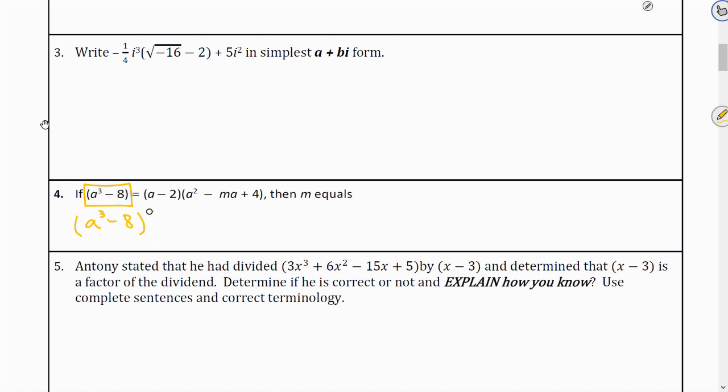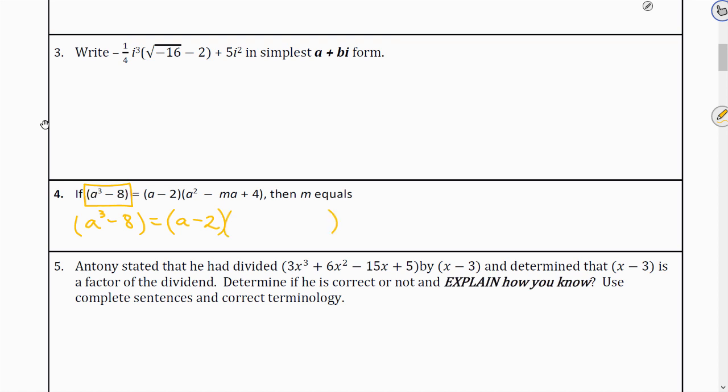Okay. So the way you simplify this, it's the same pattern regardless if it's a sum or a difference of cubes. I think about what is the cube root of a cubed, and that's a. What is the cube root of -8? And that is 2, because 2 times 2 is 4, times 2 is 8, and so the cube root of -8 is -2.